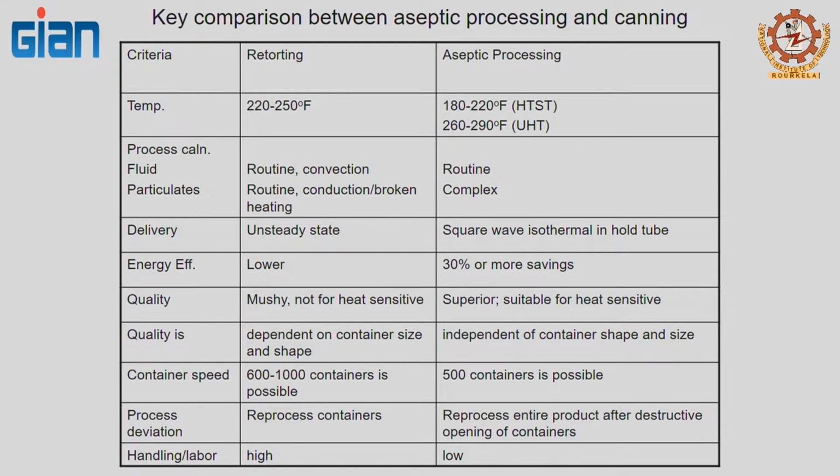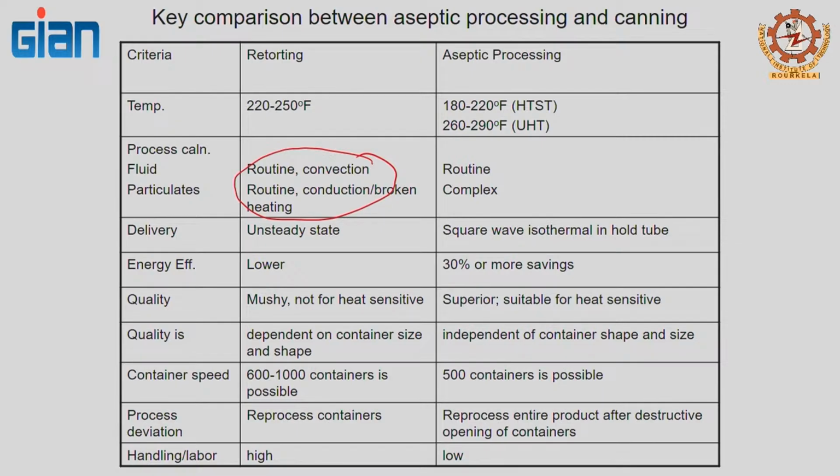If you compare the criteria for retorting versus aseptic processing, you can see that you are able to accomplish a much faster time. However, if you look at the calculation for the process, where is the cold spot, how do you achieve microbial kill and so on, canning is relatively simple.